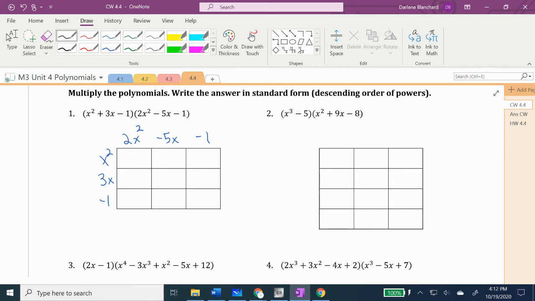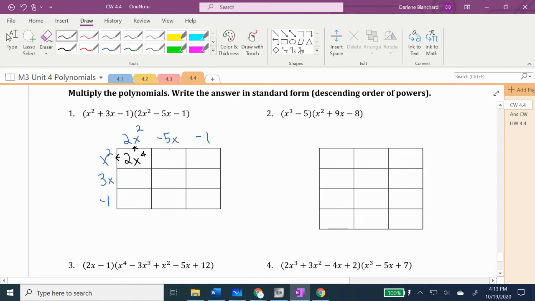I need to multiply the leading term for each box by its column and its row. So this particular box is going to be found by multiplying 2x squared with x squared, and that will be 2 times x to the 4th power.